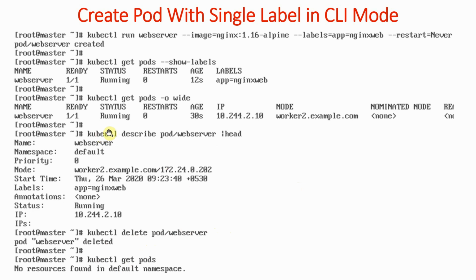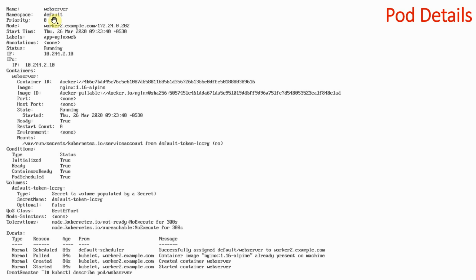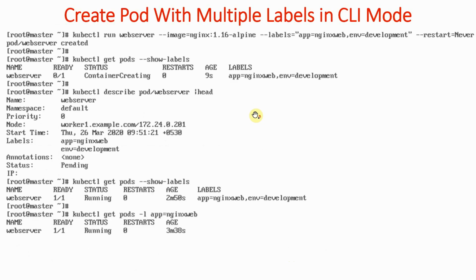So we are showing the full output of this command. It shows the webserver on worker 2, the label, a lot of details, and how it got scheduled to worker 2, container image, created container, started container, all the pod details.